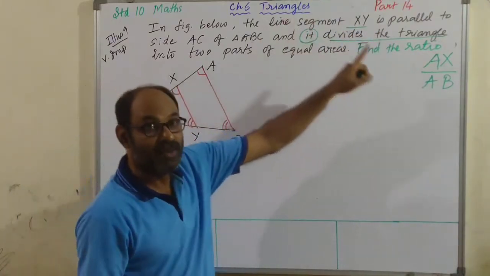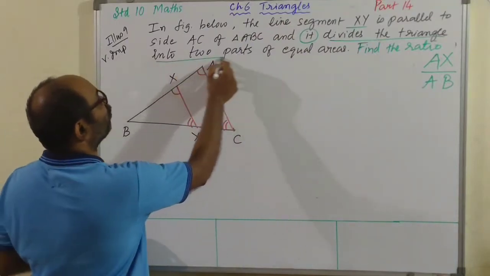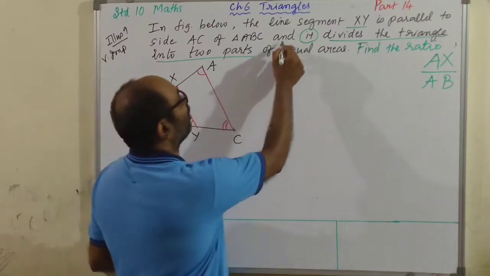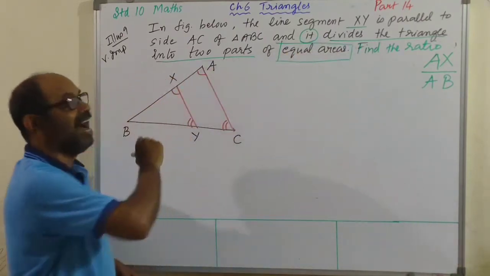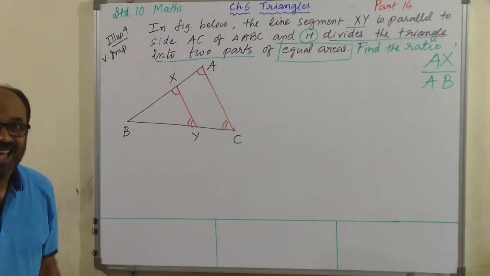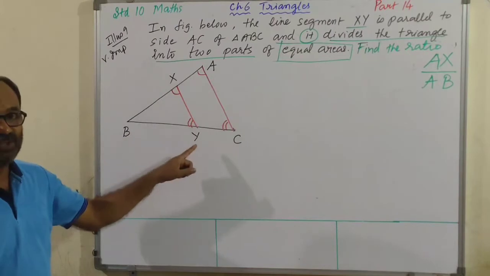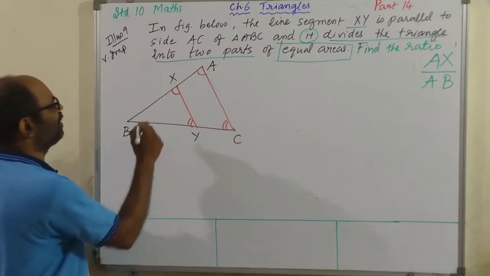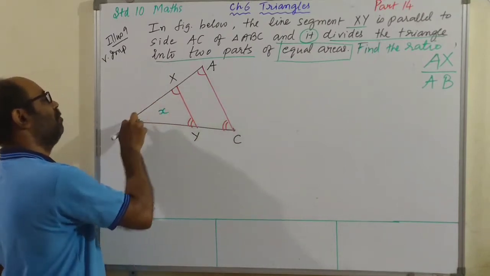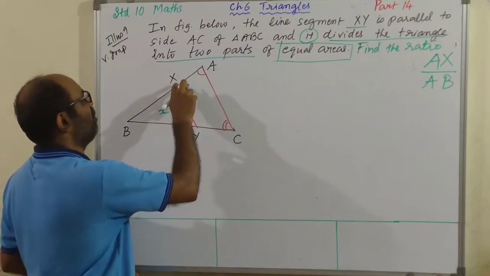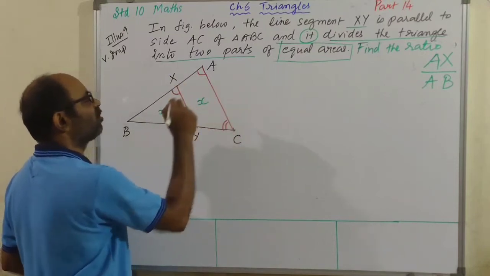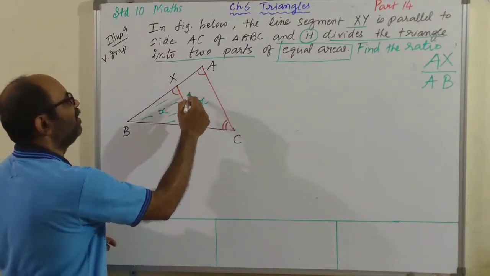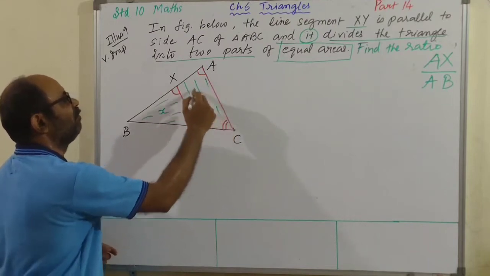Line segment XY divides the triangle into 2 parts of equal areas. Area of triangle BXY is equal to area of trapezium ACYX. So let me say area of this triangle BXY is X. Then area of trapezium XYCA is also X. This X is for the area of this part, and this X is for the area of this part.